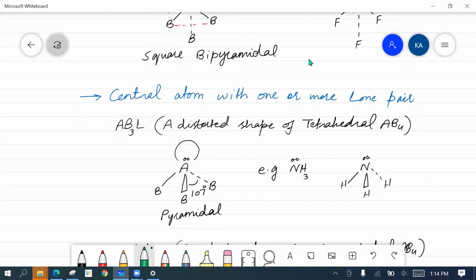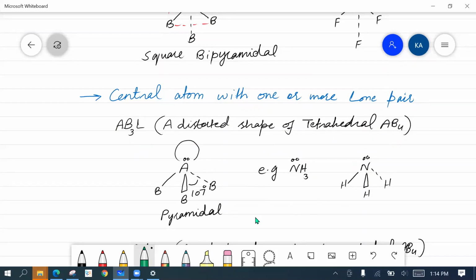Next, if there is one or more lone pairs at the central atom, then the shape is a little bit distorted. For example, the first case in our syllabus is AB3L. So here 3 bond pairs and 1 lone pair. So it is a distorted shape of the tetrahedral molecule AB4.